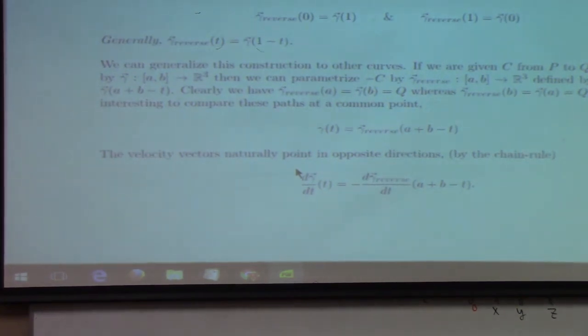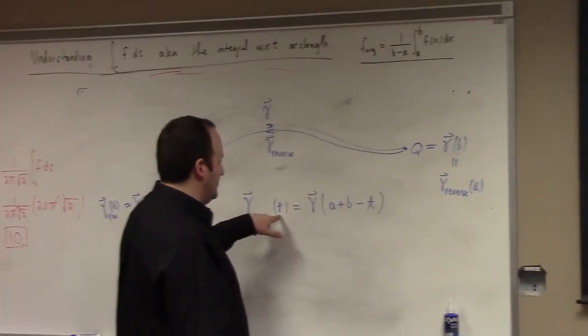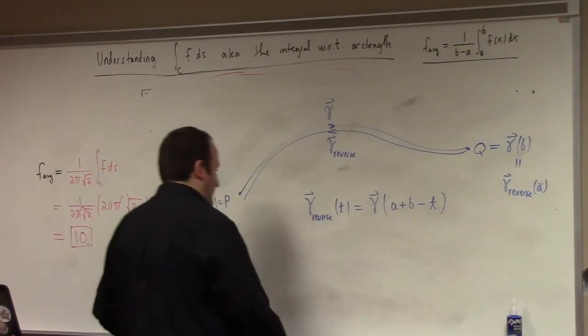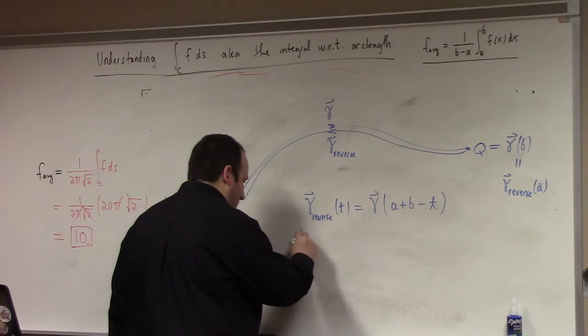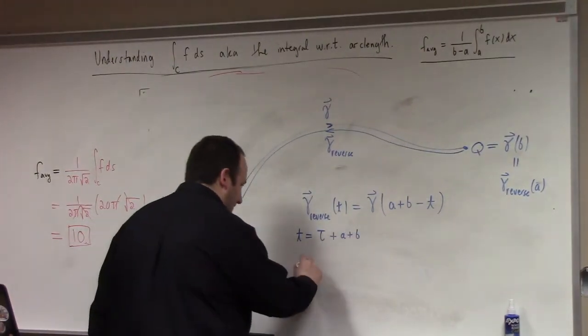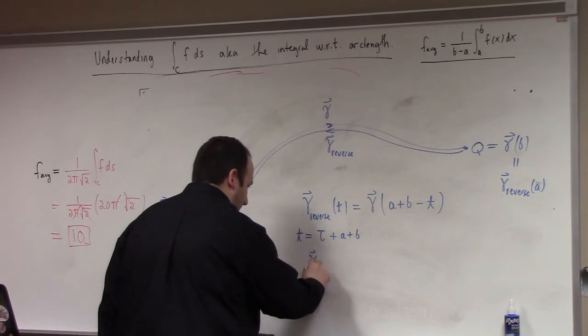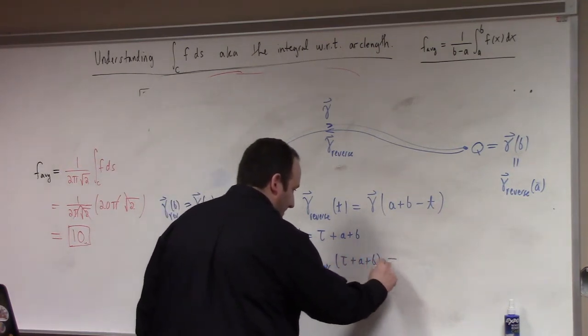Suppose t is equal to tau plus a plus b for the sake of discussion. Then what's gamma reverse of tau plus a plus b equal to?